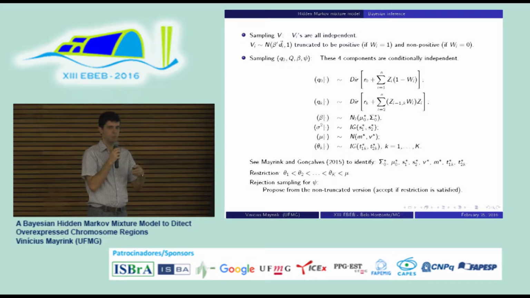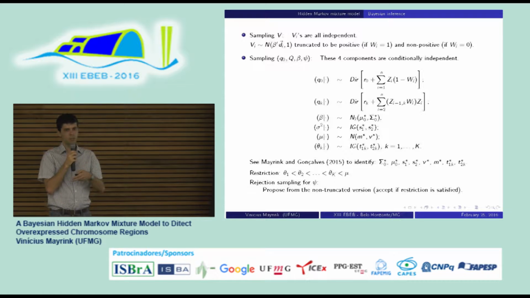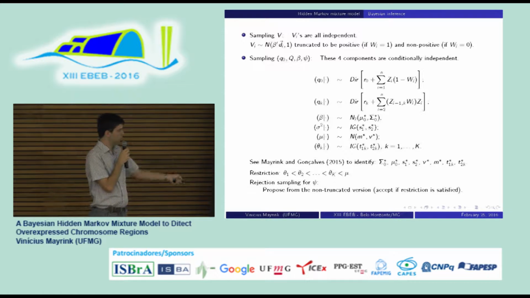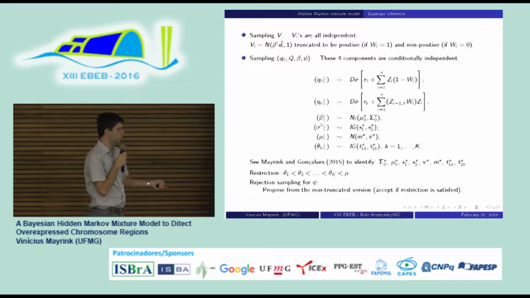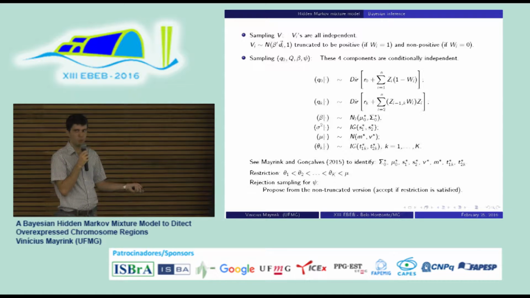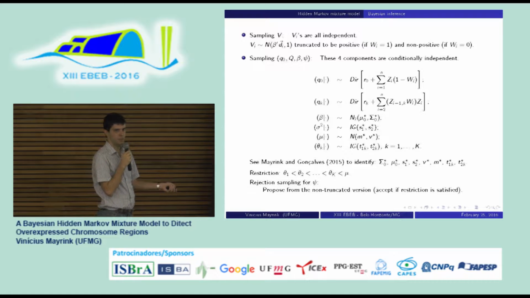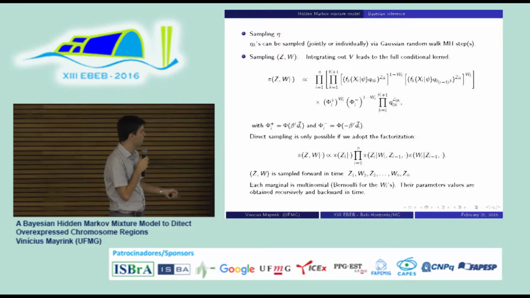The gammas come first, and then the last one is the normal distribution, whose mean should be the largest one, okay? So we impose this on the model. We propose from the non-truncated version, using rejection sampling. We check if this configuration is true to accept the values generated, okay?